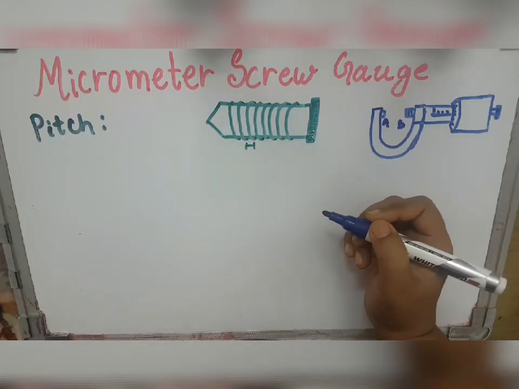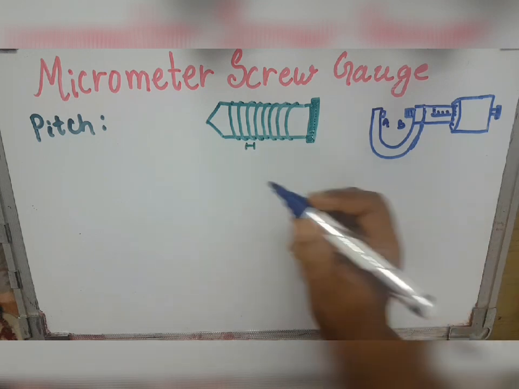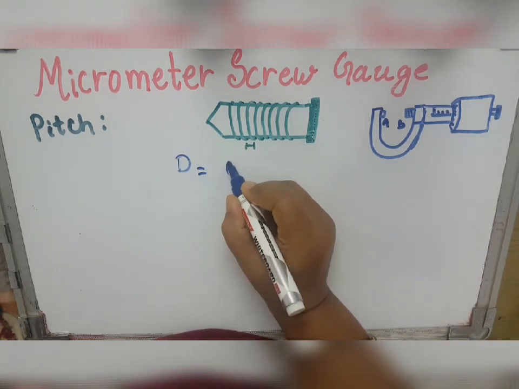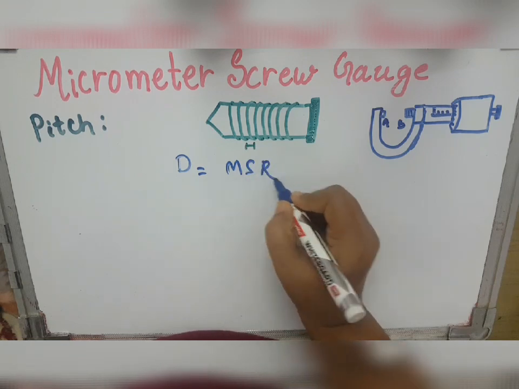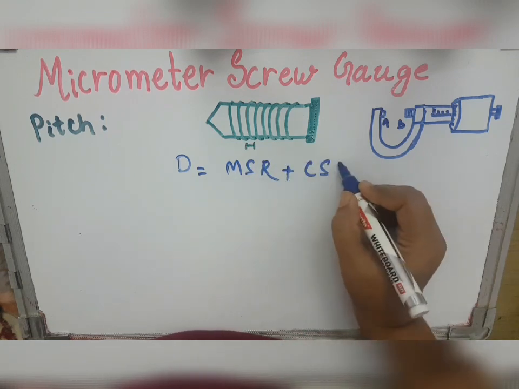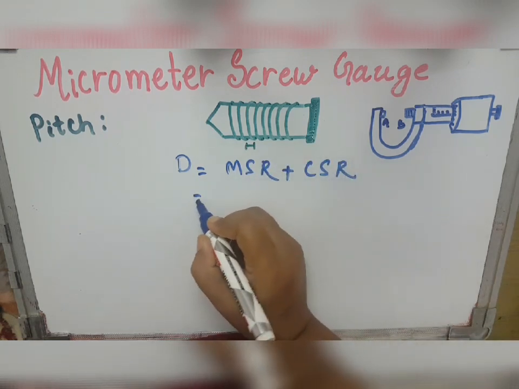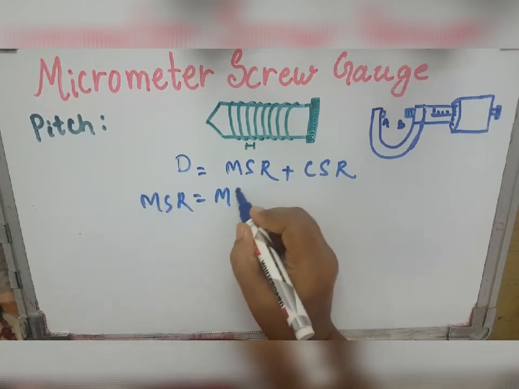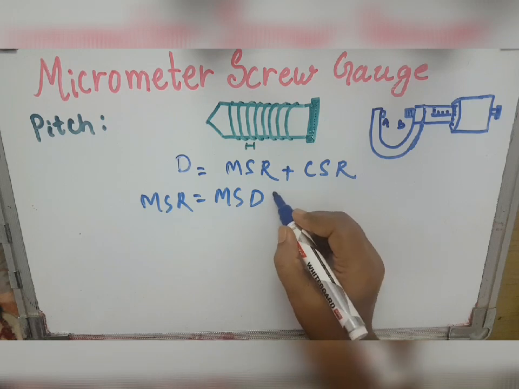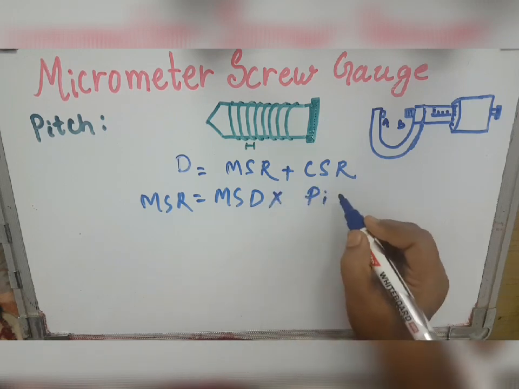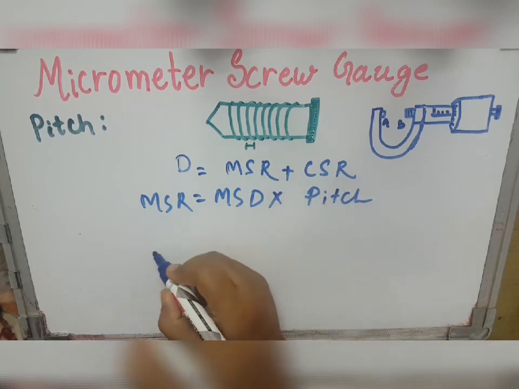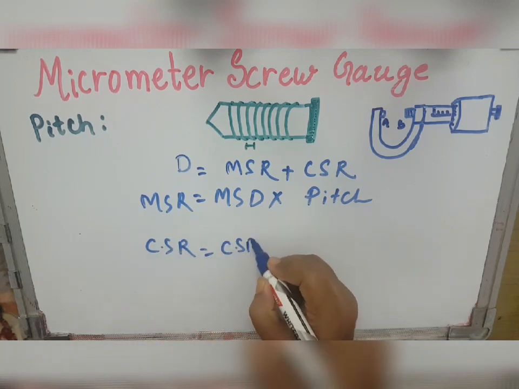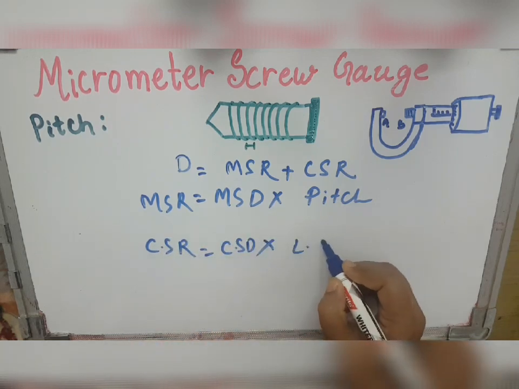Now the observed diameter of the wire will be D is equal to main scale reading plus circular scale reading, where main scale reading is equal to main scale division into pitch, and circular scale reading is equal to circular scale division into least count.